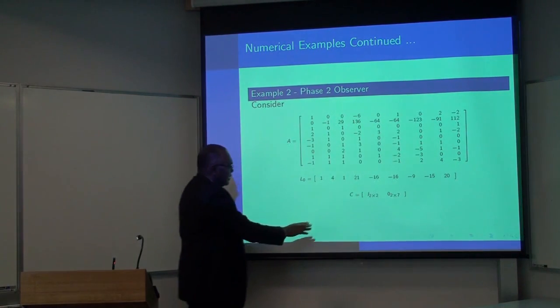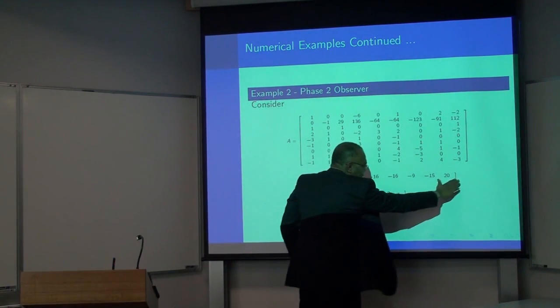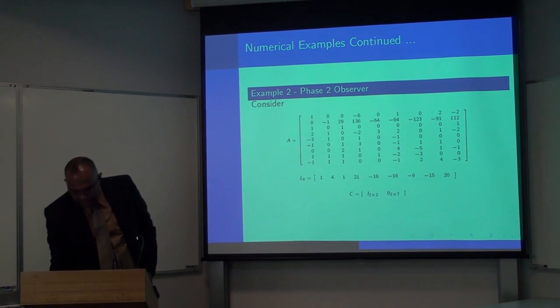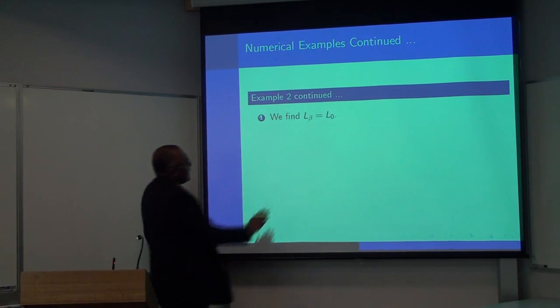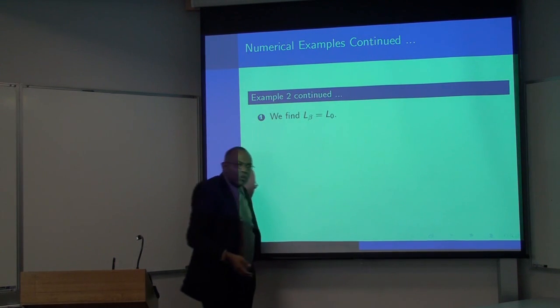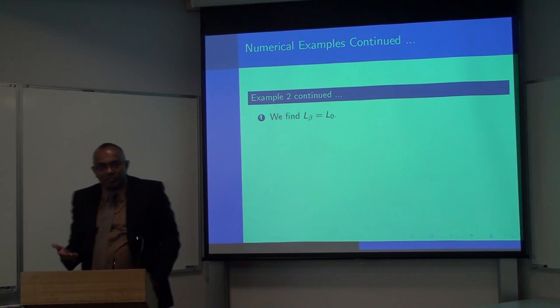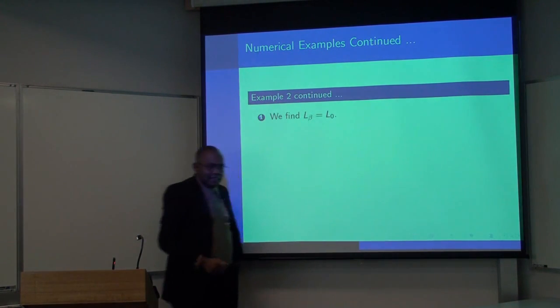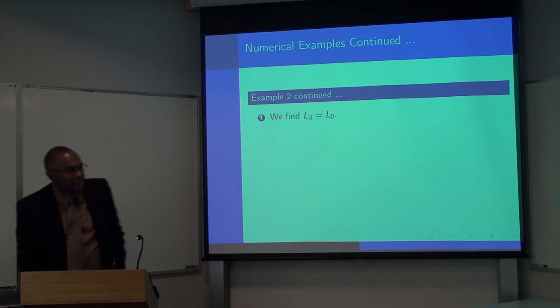And here is a second example, where it's a phase 2 observer, again a 9th order system. We want to estimate just one linear function, just this one. And in this case, we find L equal to L naught already satisfies condition 1. So L beta is L naught, the minimum dimension matrix L that satisfies condition 1 is L naught.